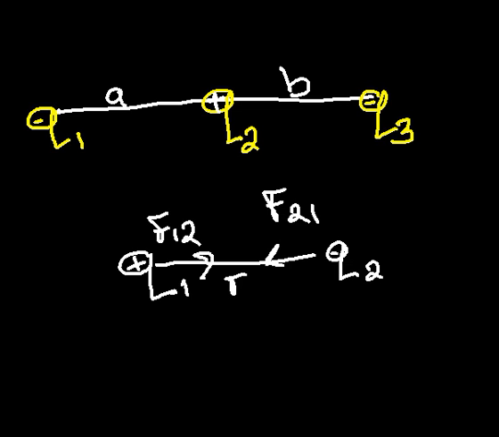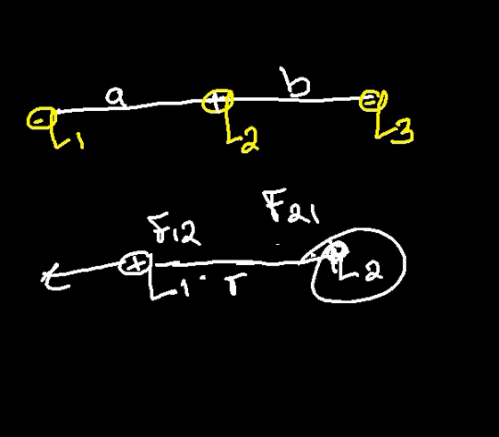And let's say this is a positive charge. What would you say about the forces that the 2 charges will experience? Now the 2 charges are going to experience a repulsive force, in the sense that the force charge 1 experiences will be towards this direction, away from charge 2, and that will be given as F12.